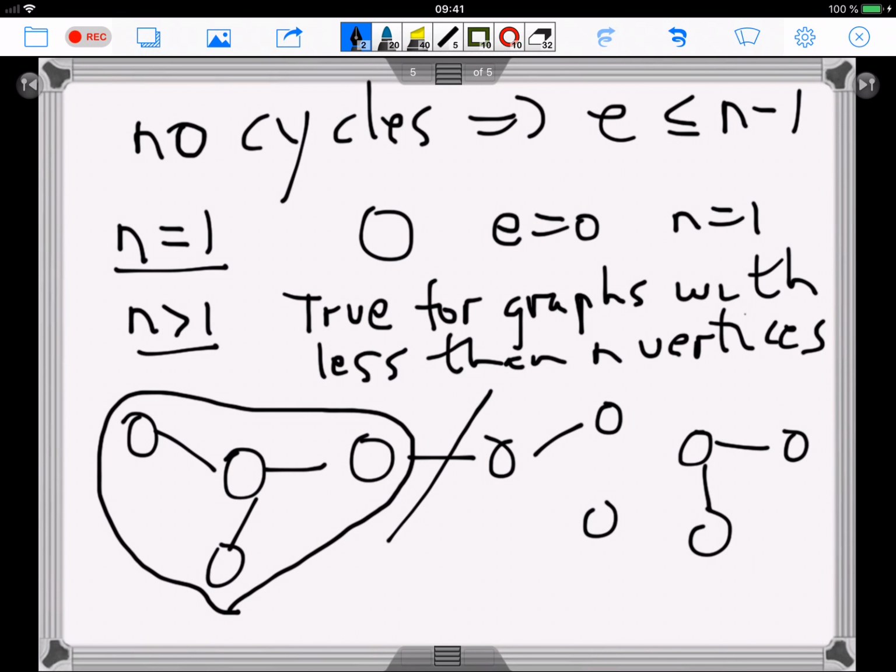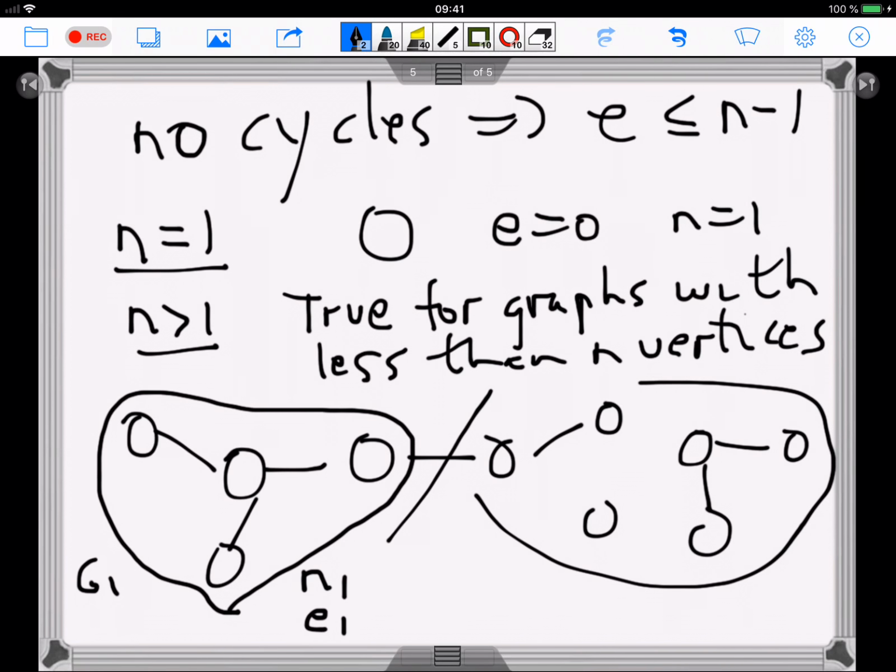Here I'm going to have n1. This is what I'm going to call g1. So in g1 we have n1 vertices and e1 edges. Then I'm going to consider g2, which is the rest of the vertices with all their edges. In g2 we have n2 vertices and e2 edges.